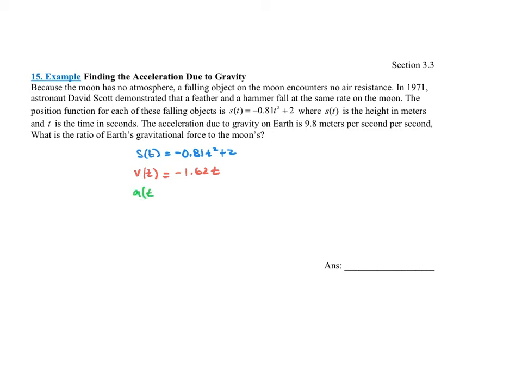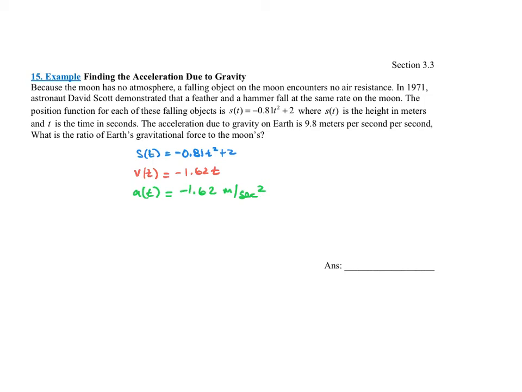The acceleration on the moon then would be the derivative of the velocity function, which is negative 1.62 times the derivative of t. Again, the derivative of t is 1, so negative 1.62 times 1 would be negative 1.62. So there would be my acceleration, and remember this is meters per second squared.